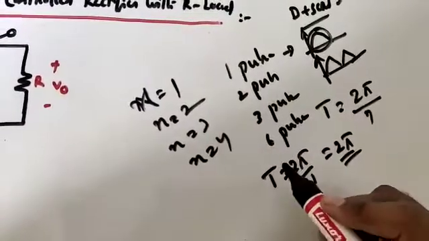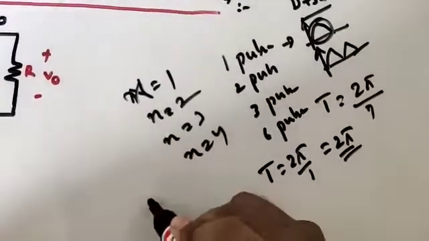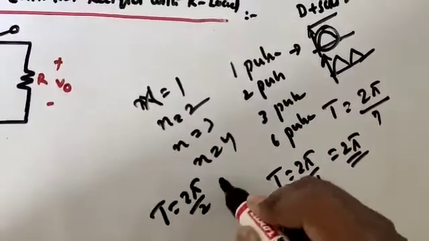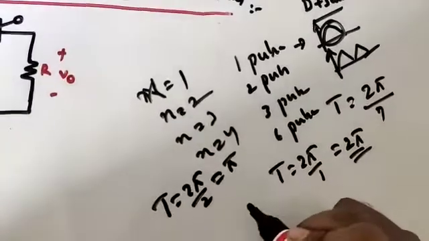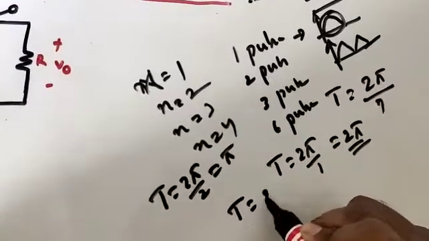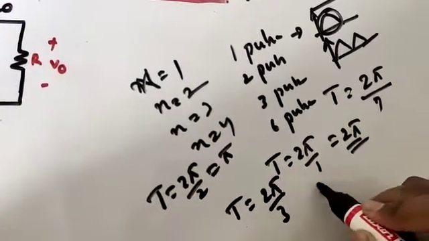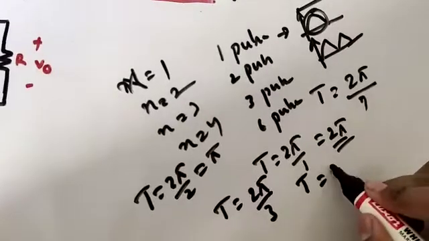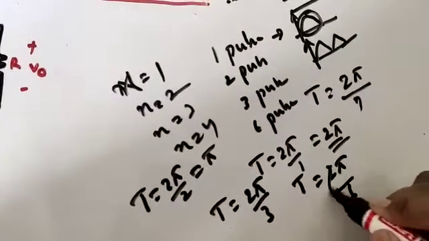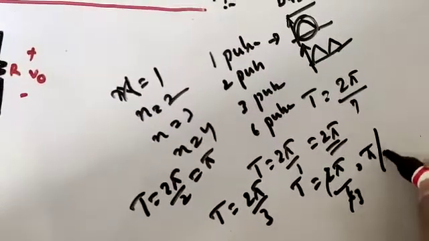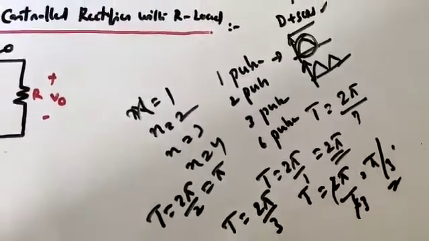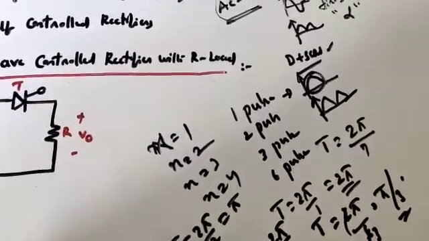For a 2 pulse converter, T equals 2 pi by 2, which is pi. For a 3 pulse converter, 2 pi by 3. And for a 6 pulse converter, T equals 2 pi by 6, which is pi by 3.